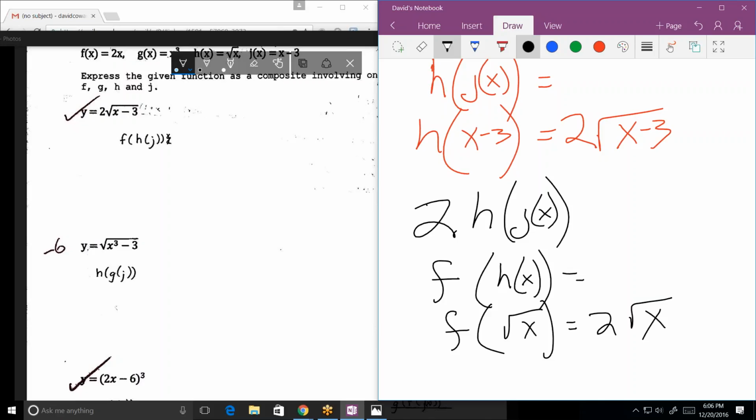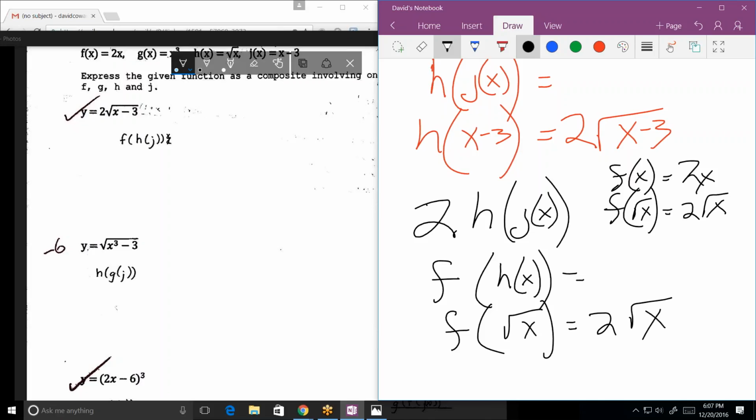Remember what f of x is. f of x is 2x. So what would f of square root of x be? Square root of 2x. No, that's not the way you do it. When you have something inside the parentheses that's not x, you plug whatever it is in for x, not for the whole thing. So it's 2 square root of x. That's what f of square root of x would be.